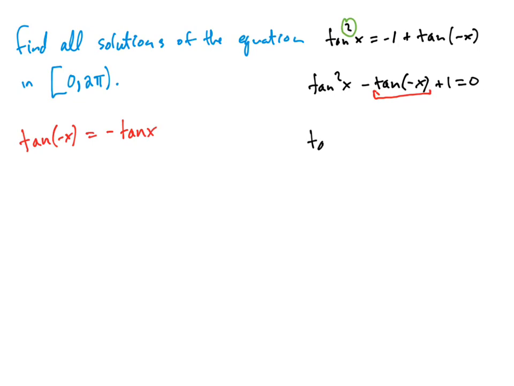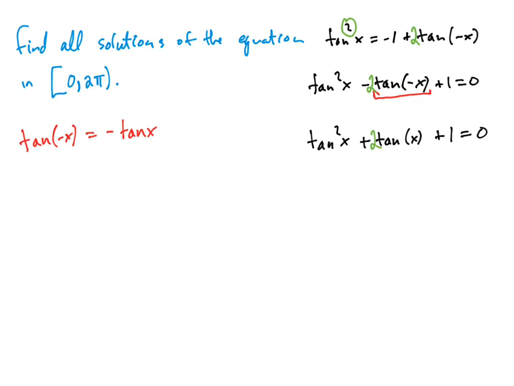So when I rewrite this equation, tangent squared of x minus negative tangent of x, and that's just going to be plus tangent of x, and then plus 1 is equal to 0. I'm looking back at my notes, and I failed to write a positive 2 right here. So this is going to be 2.